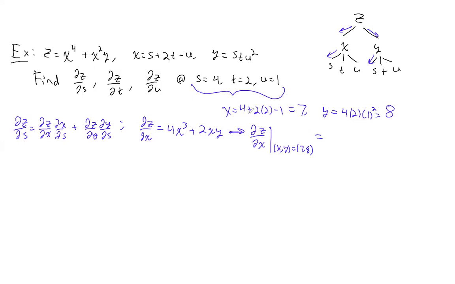And that's 4 times, oh boy, 7 cubed. I don't want to have to do that. I guess I didn't pick these numbers very well. But that's okay. 7 times 7 is 49.